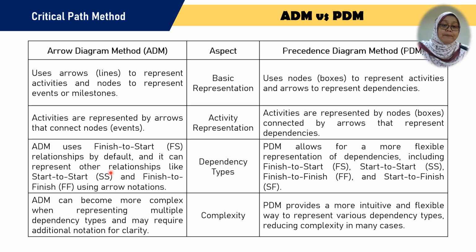ADM uses a finish to start relationship by default, and it can represent other relationships like start to start, finish to finish using arrow notation. PDM allows for a more flexible representation of dependencies, including finish to start, start to start, finish to finish, and start to finish.